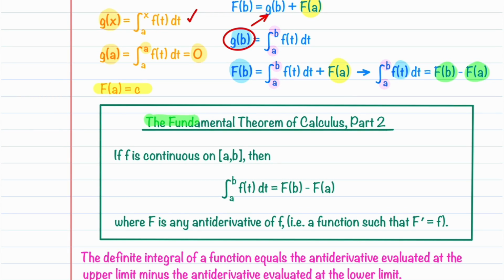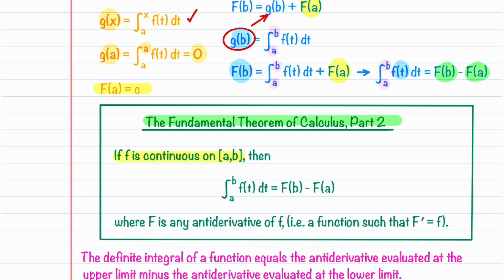The Fundamental Theorem of Calculus Part 2 tells us that if f is continuous on the closed interval from a to b, that's super important. The theorem does not apply if f isn't continuous on that interval.